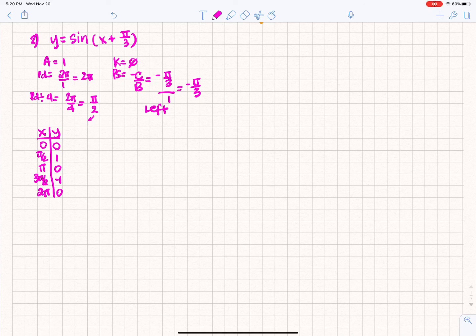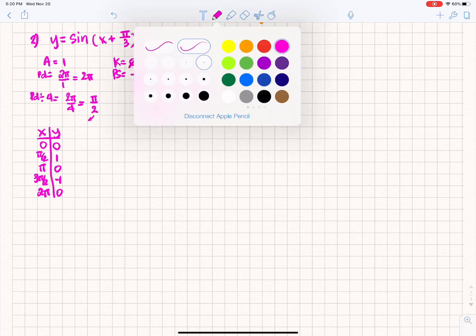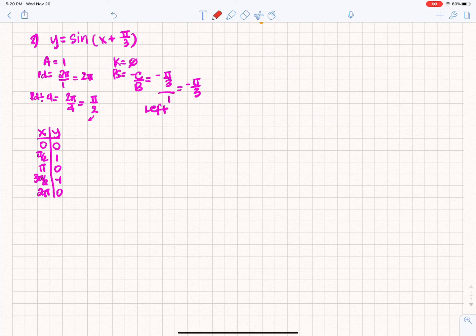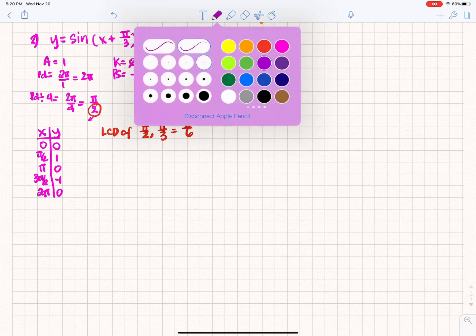Now, look at your denominator when you divide your period by 4, which is 2, and your phase shift is 3. Since it's not the same, we need to find the LCD. So the LCD of pi over 2 and pi over 3 is pi over 6. So we're going to count by pi over 6.